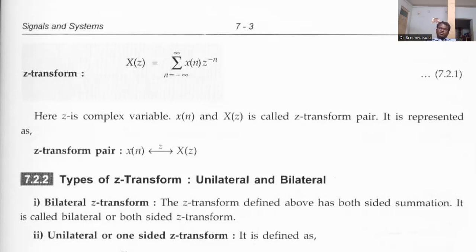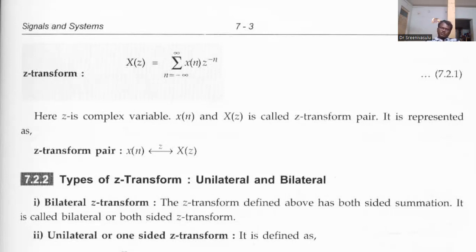For the Z transform in general, we have a formula. For the inverse Z transform, there is no fixed formula here. It is obtained in four different ways: the long division method, partial fraction, the residue method, and the general convolution formula.